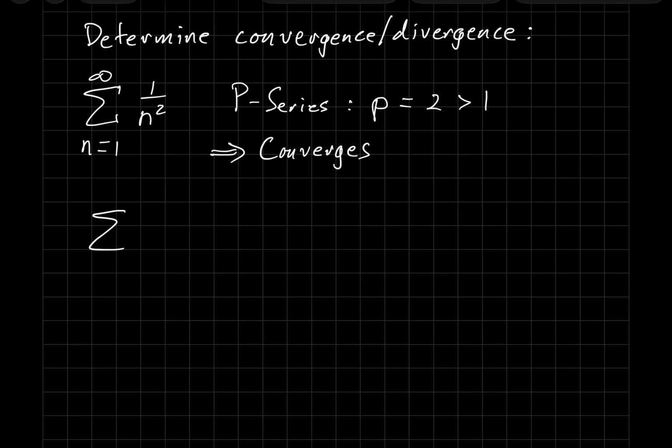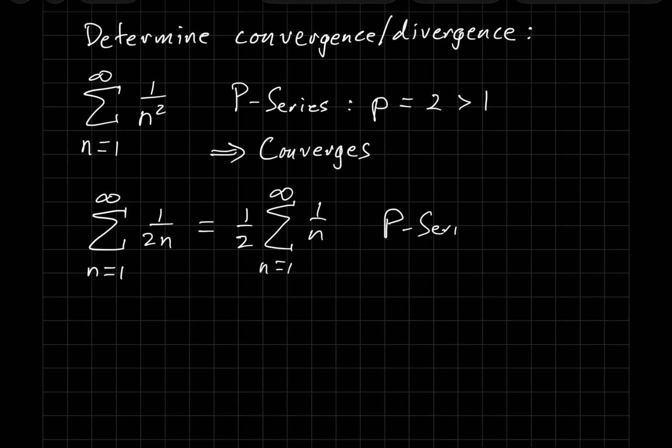Second example. Let's look at the series from 1 to infinity of 1 over 2n. Well, I could simply write that as 1/2 times the series of 1 over n, which is a p-series, where p equals 1, which is less than or equal to 1.